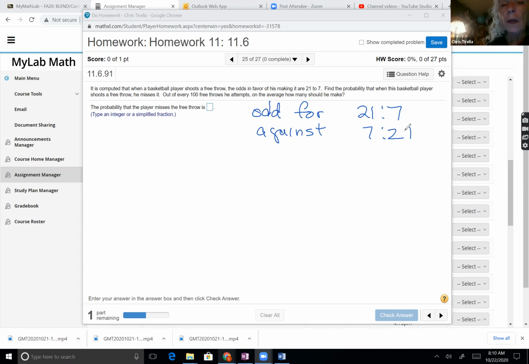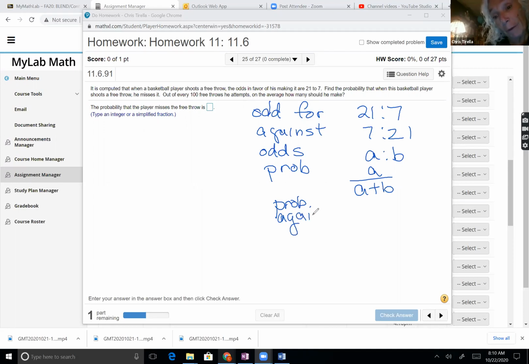Once we have the odds, if the odds is some ratio A to B, remember we said that the probability would be the first number over the sum of the two, A plus B. So the probability against him making the shot, the probability of him missing the shot, would be the first number, 7, over the sum of the two, 7 plus 21, which gives me 7 over 28. And I think that might reduce to 1/4.